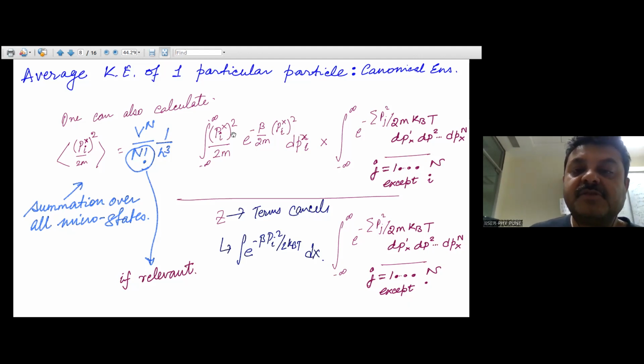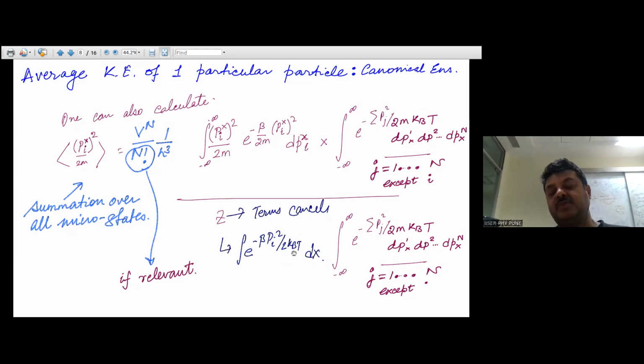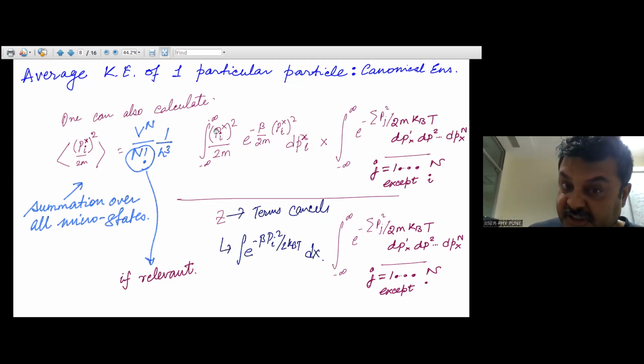The only thing which will be different, which you will calculate differently, is this term. Sorry, this again will be dpx, right? It won't be x but dpx. This will give 2 pi m kbt to the power half. You know that. However, this will give you a different value.